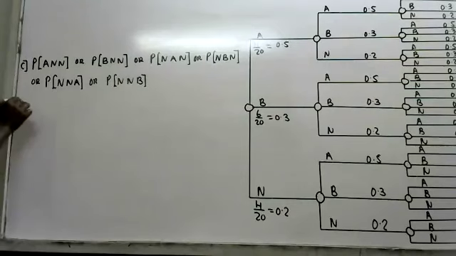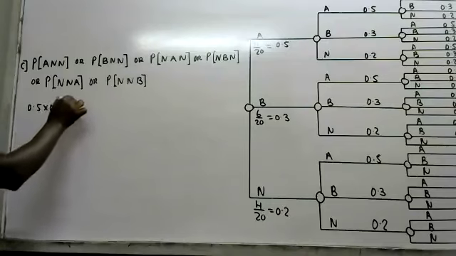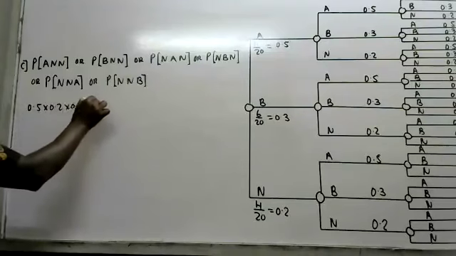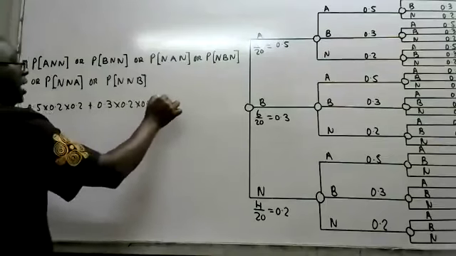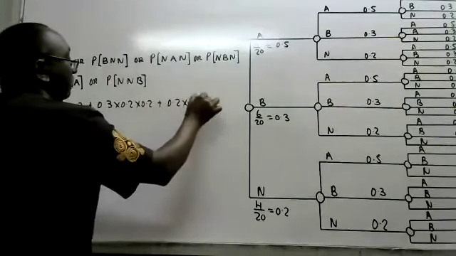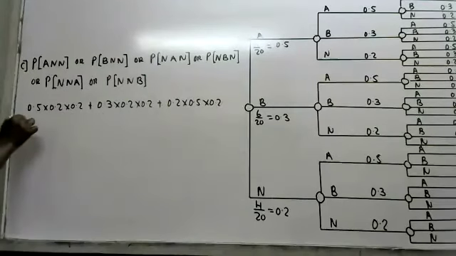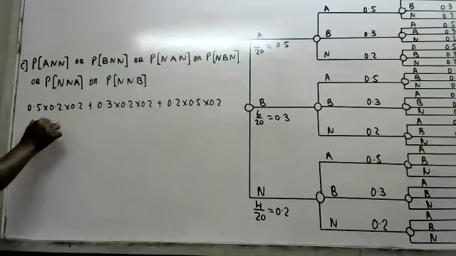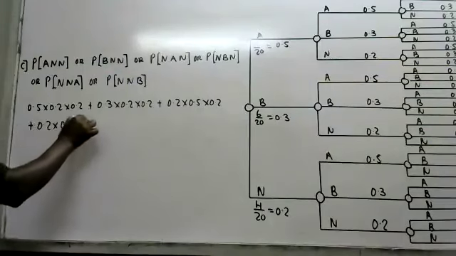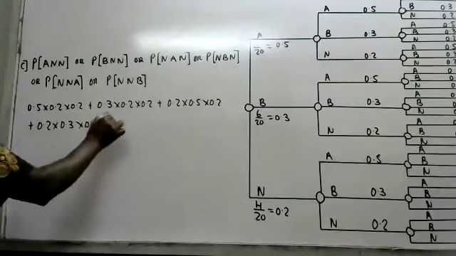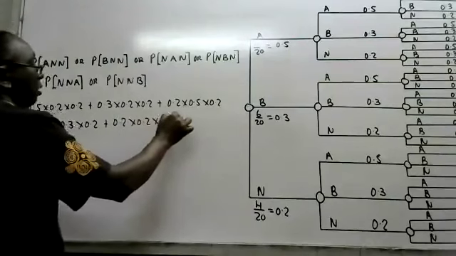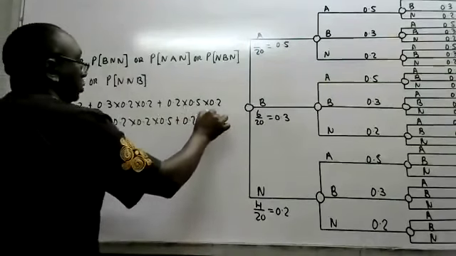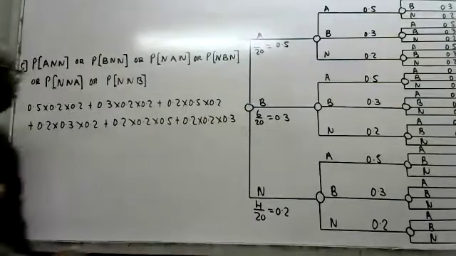So if that is true, then you will argue 0.5 times 0.2 times 0.2 plus 0.3 times 0.2 times 0.2 plus 0.2 times 0.5 times 0.2 plus 0.2 times 0.3 times 0.2 plus 0.2 times 0.2 times 0.5 plus 0.2 times 0.2 times 0.3.